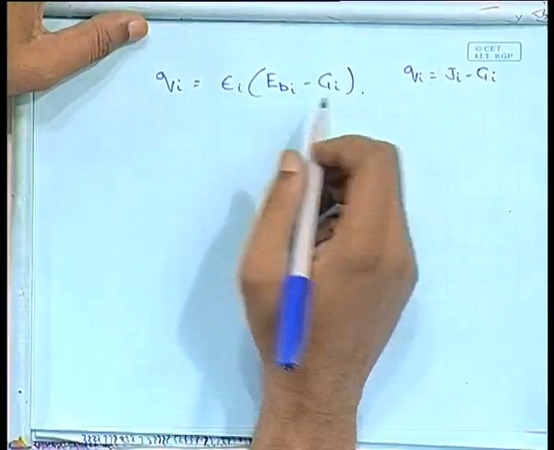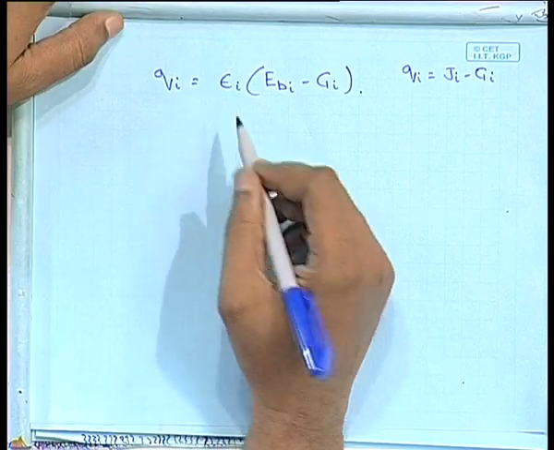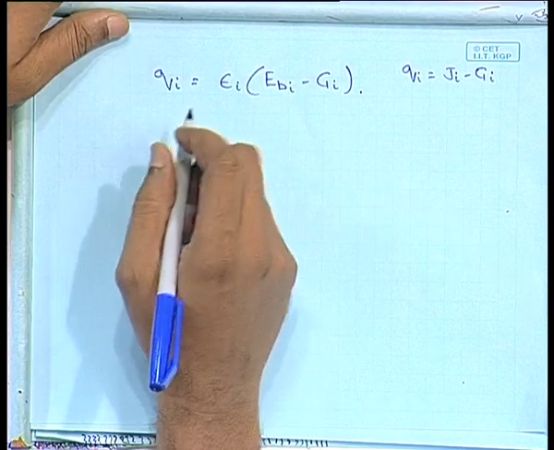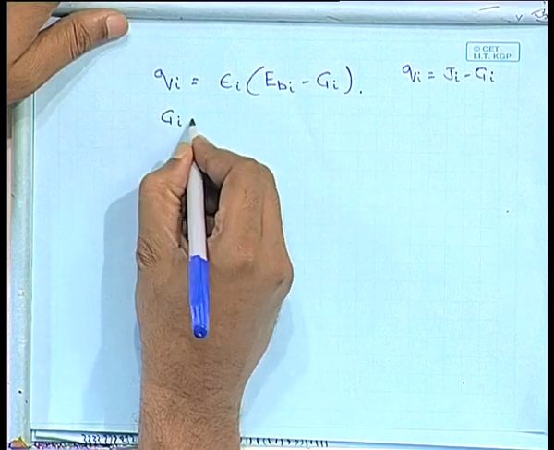Okay. So, we are trying to simplify the equation as this and then I have Gi.